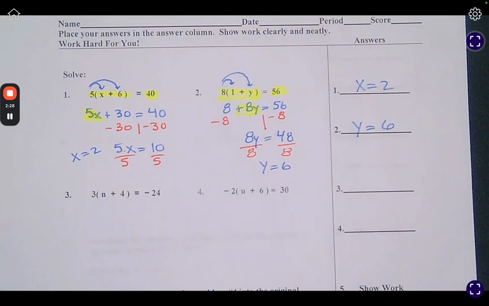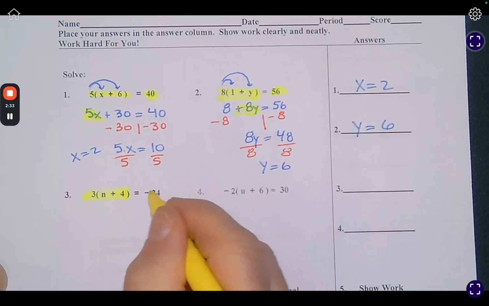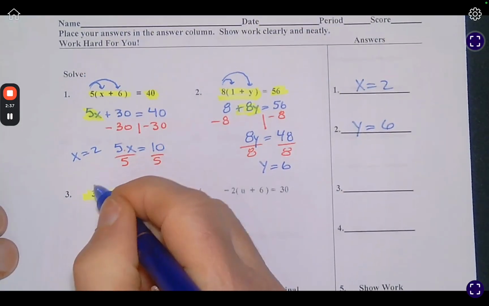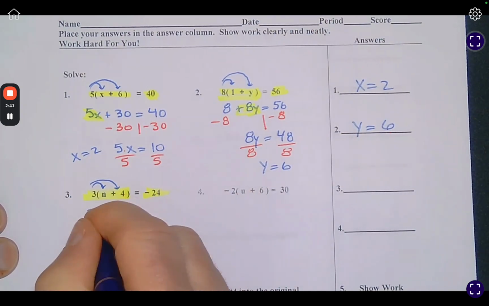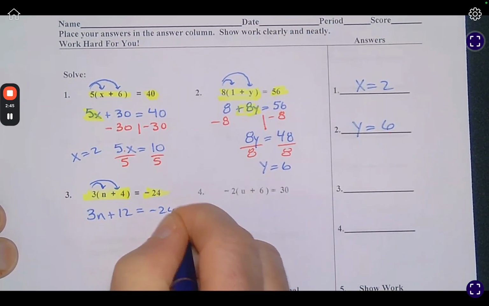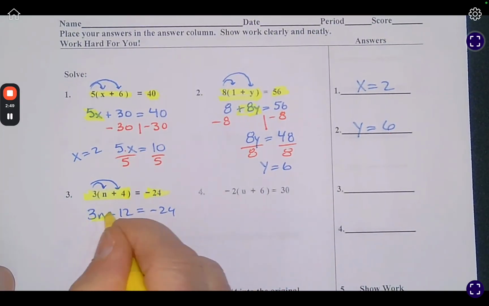Okay, look at the left-hand side. Look at the right-hand side. Simplify anything you can. Distribution is a form of simplification. 3 times 1n, 3 times 4 equals. Okay, now I want to get this variable term by itself.